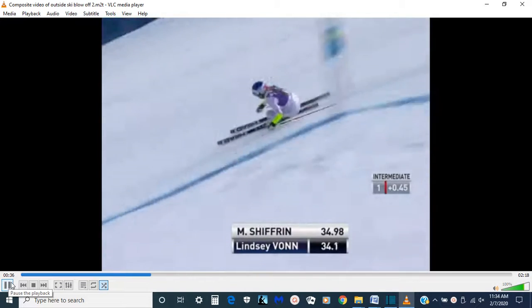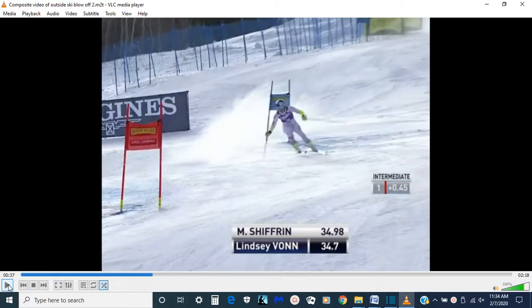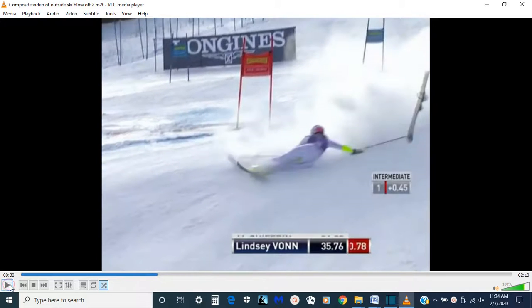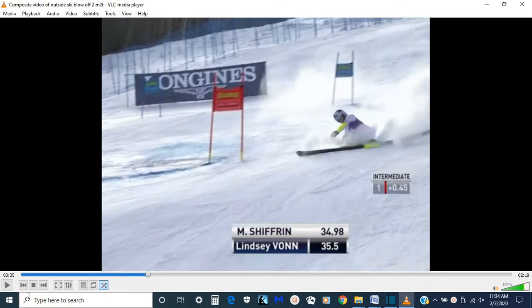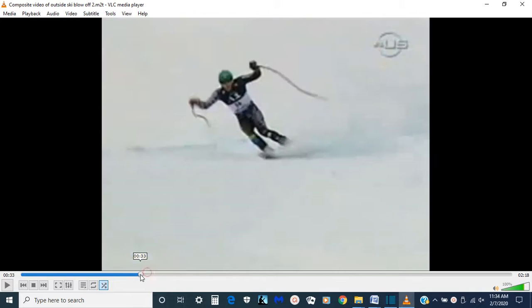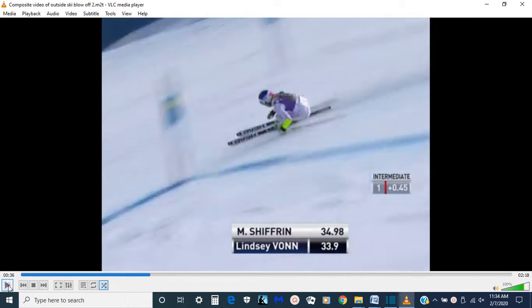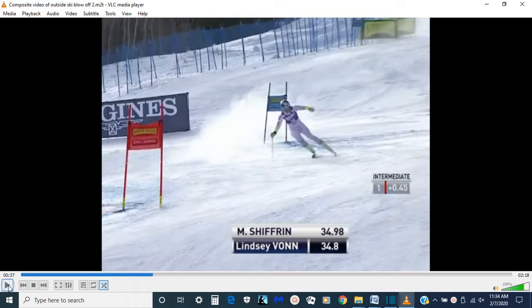Oh, this is Lindsay. Oh, okay. Let's see what happened there. She raises that outside arm. Look at that arm going up. I think it goes up even higher.